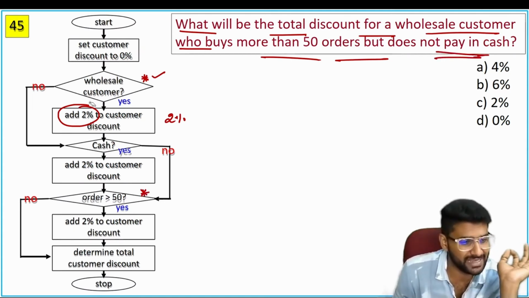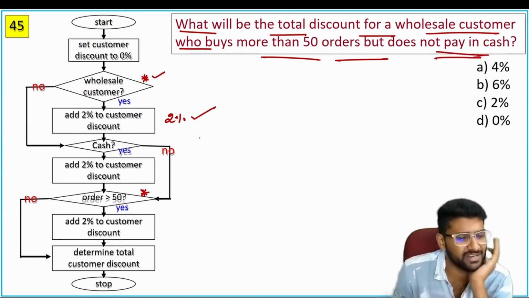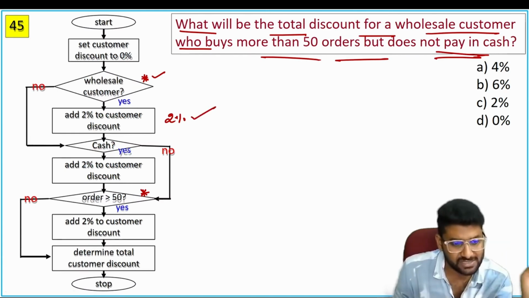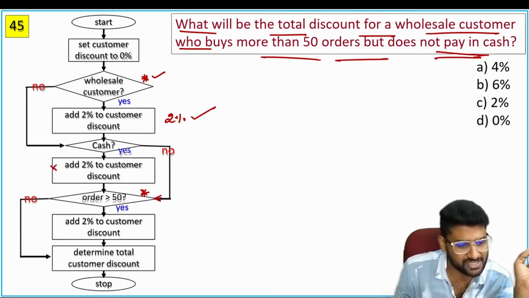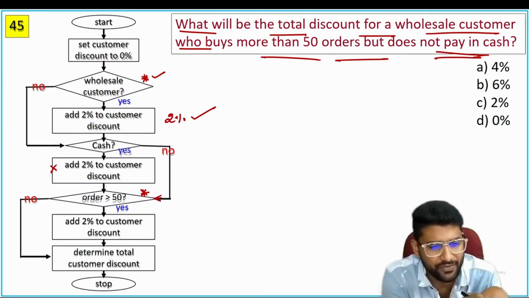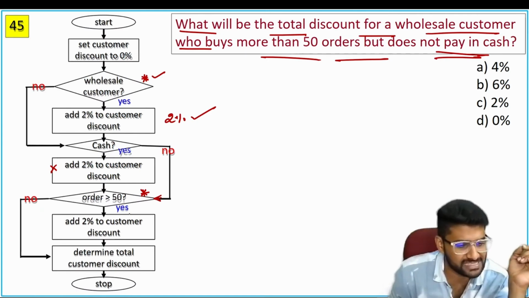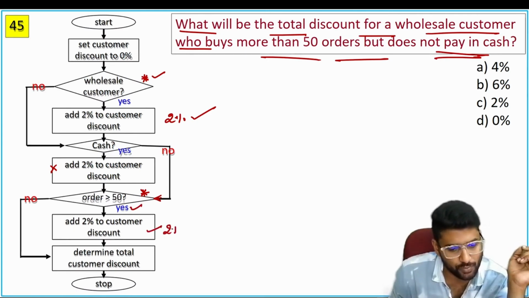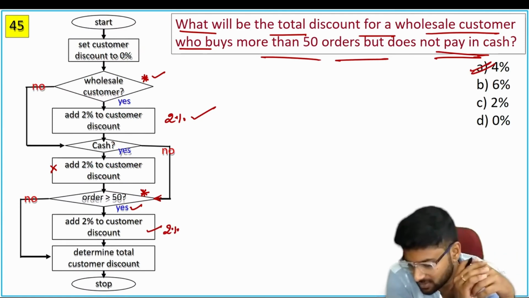Guys, they are not paying in cash. Initially, they will get 2%. If they are paying in cash, directly you will get here, meaning that person is not getting extra 2% discount. Now are they ordering more than 50 or less than 50? Yes, more than 50. If it is a yes, again you will get 2 more discount. Now if you see the entire scenario, that person will get how much discount? 4%.